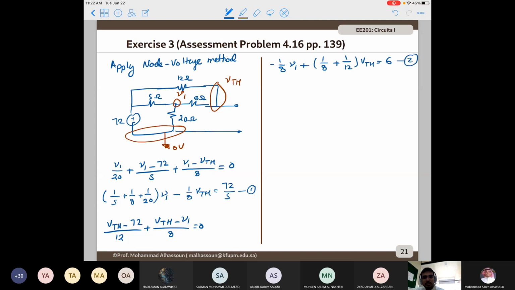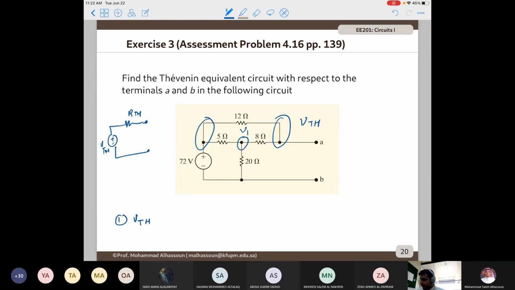So I have two equations, two unknowns, so I can easily solve for that. V1 will be 60 volts. V Thevenin will be 64.8 volts. So now I found the first part, V Thevenin.